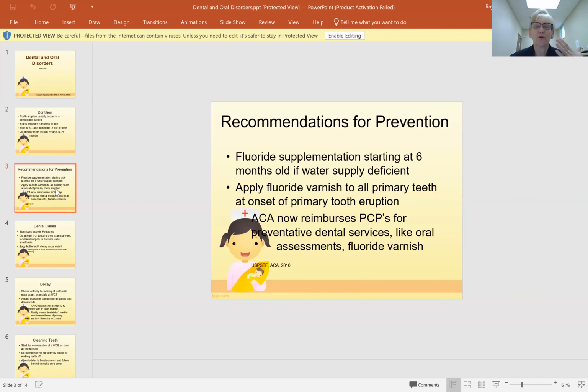So if you are drinking bottled water because your tap water is pitiful, or you just choose to because you think that's better, then you need to make sure that you're getting sources of fluoride otherwise. Okay, so that's something to talk to your patients and parents about.